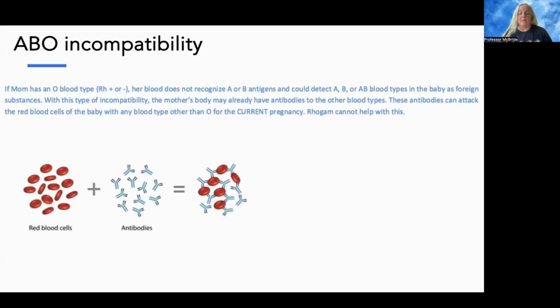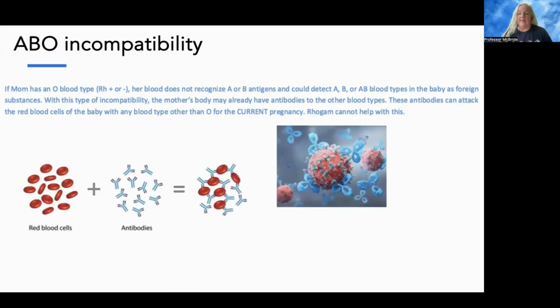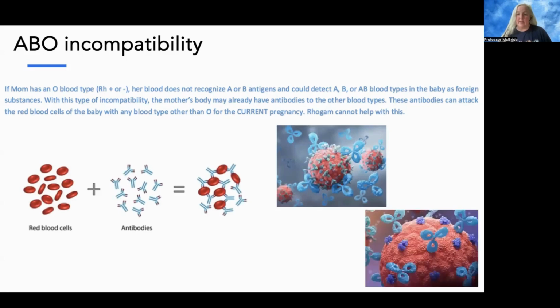So if the mom's blood has antibodies circulating, then they can attack the baby's red blood cells. And if they attack the baby's red blood cells because they see this, like if the little purple pieces are A or B antigens and these are the antibodies attacking it, they see it as foreign.